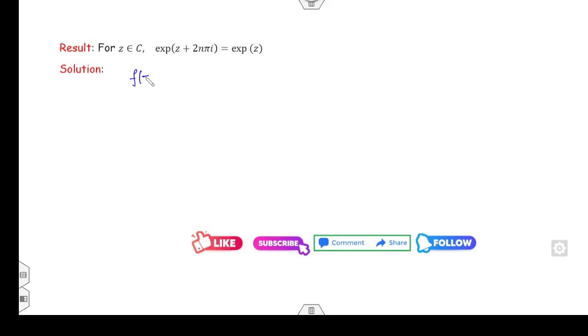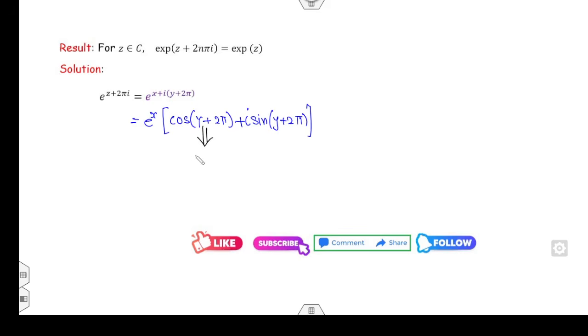Why? Because if we assume f(z) is, I can start with e raised to power z plus 2nπι. I can substitute z is x plus ιy. I can open them. You can see it is cos of y plus 2π, sine of y plus 2π.